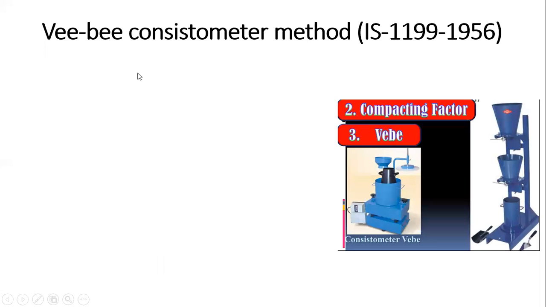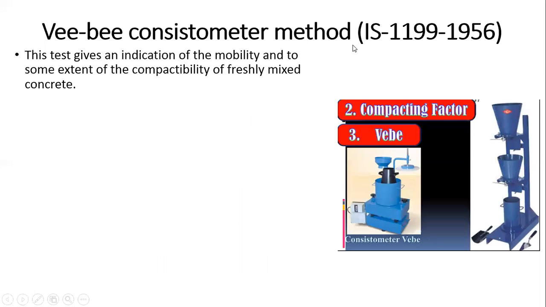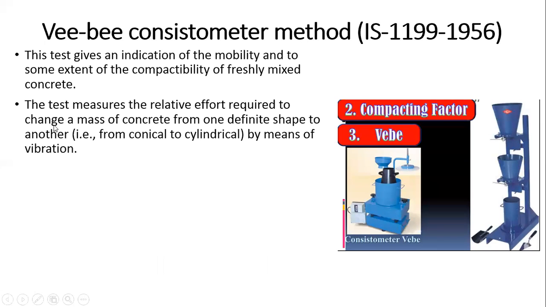The third test is your VB consistometer test. Again, this test gives an indication of the mobility and to some extent the compactability of freshly mixed concrete. The test measures the relative effort required to change a mass of concrete from one definite shape to another.